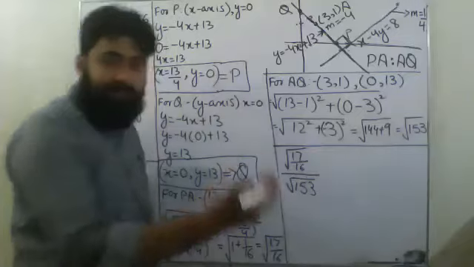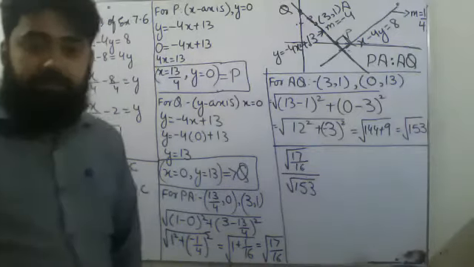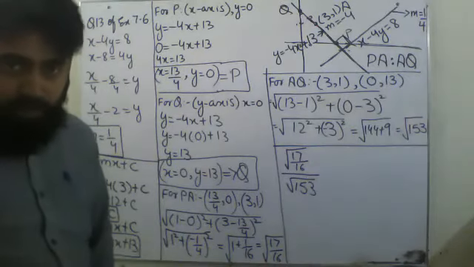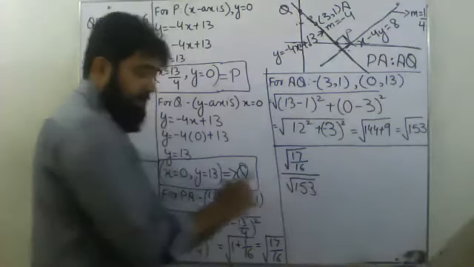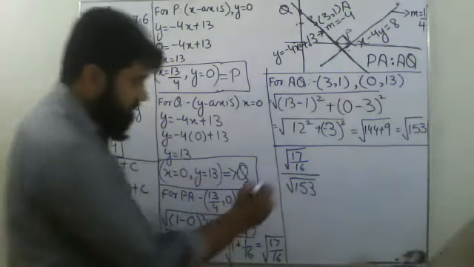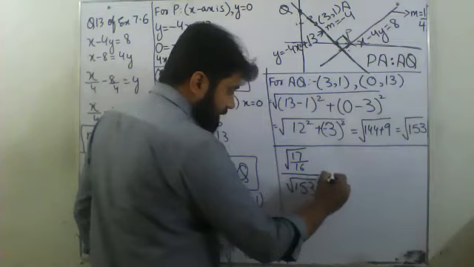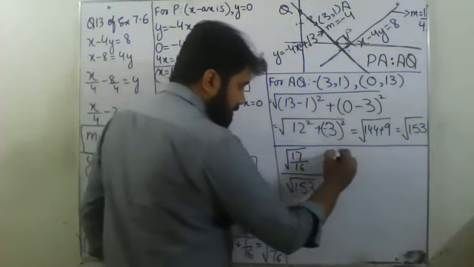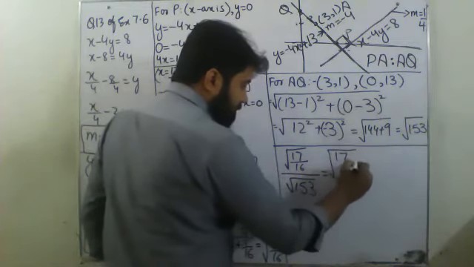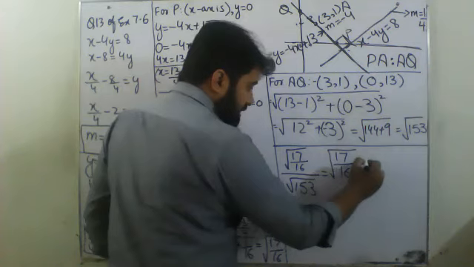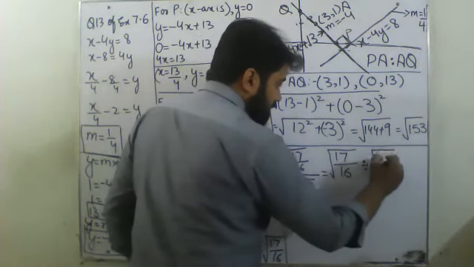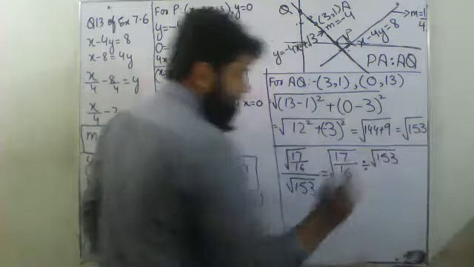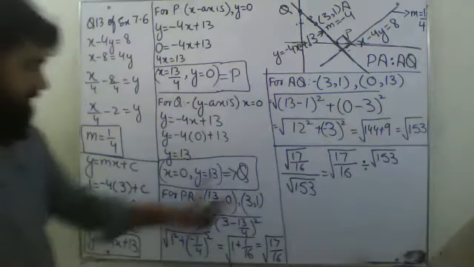Ratio means I can write them in divide form also. So I've written them in division form. Now, the most important thing. Can I write it like this also, beta? Under root 17 over 16 divided by under root 153. It's in the ratio form.